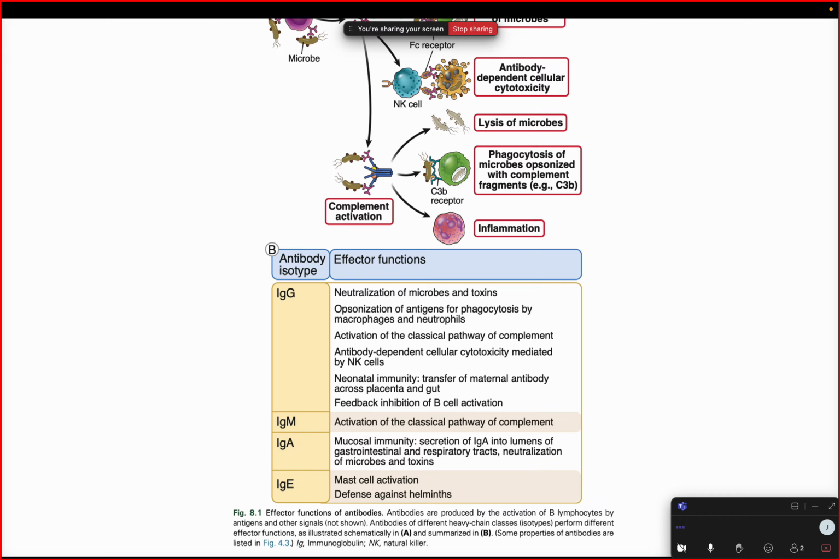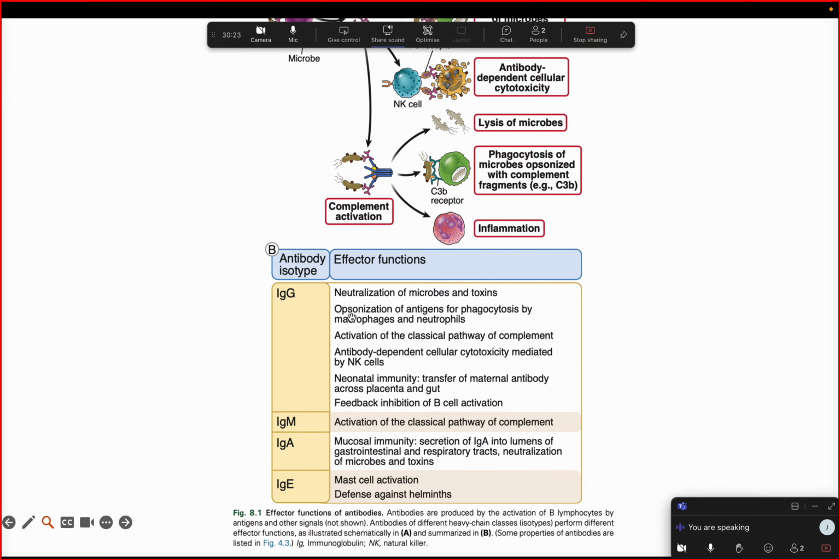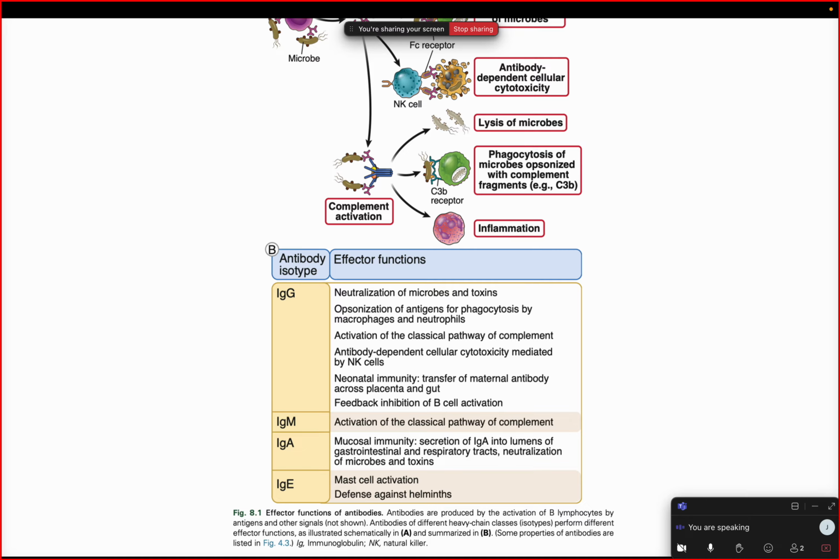If we talk about IgM, then activation of the classical pathway of complement system. So you can see IgG has so many functions, while the predominant function of IgM is the activation of complement system.